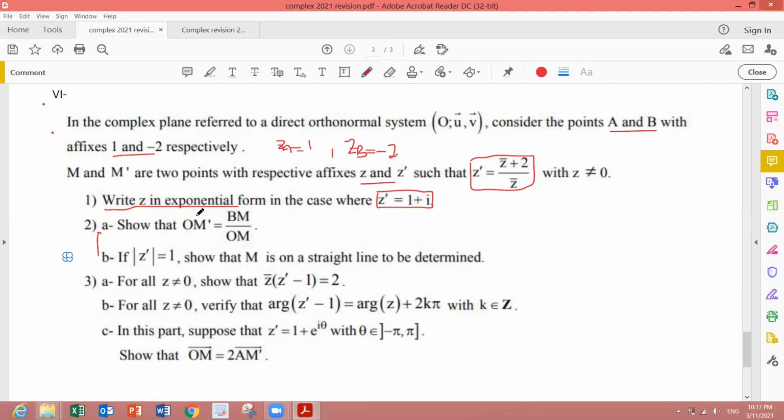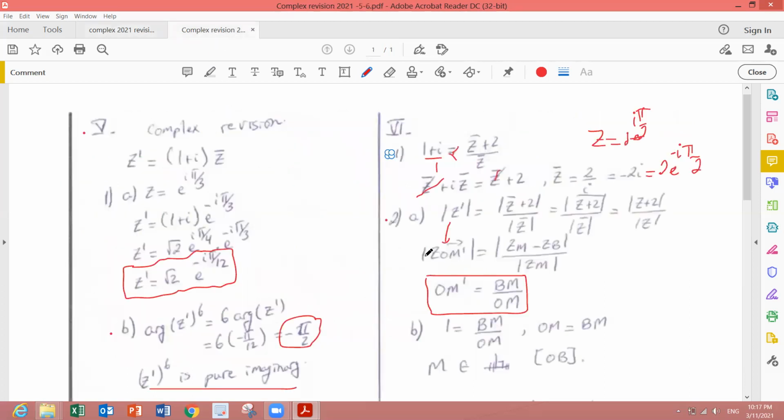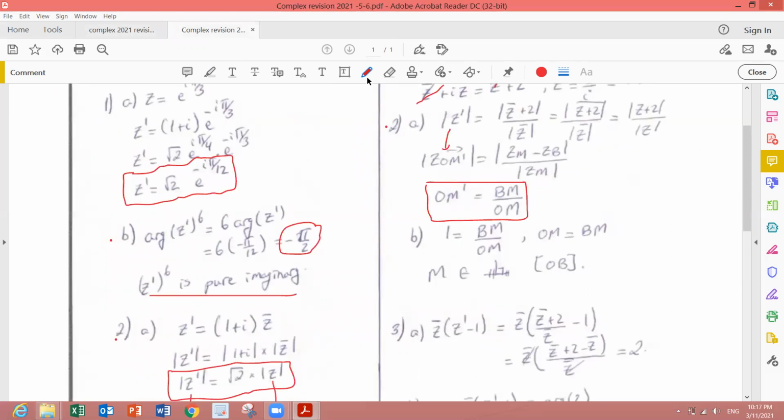Modulus of Z prime is 1, means OM prime is 1, means BM over OM equals 1, means BM equals OM, means M is equidistant from O and B, means M belongs to the perpendicular bisector of OB.